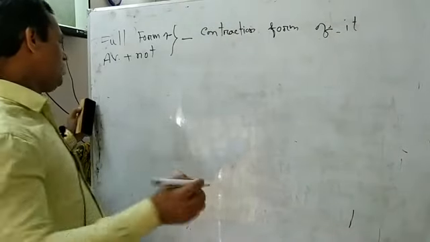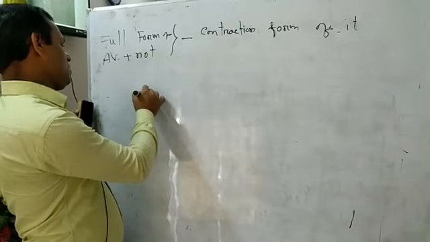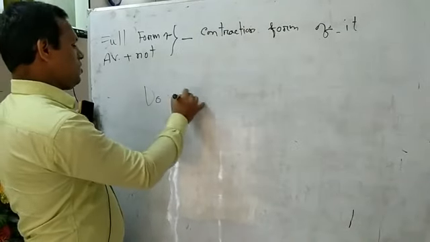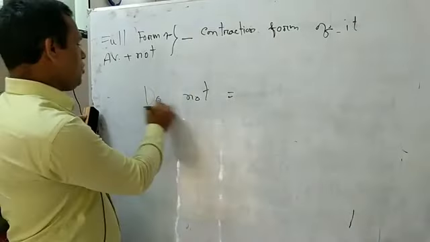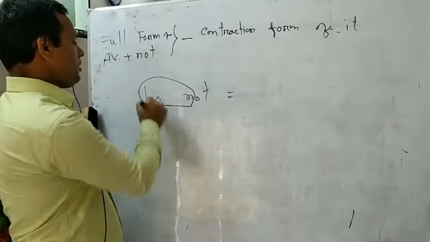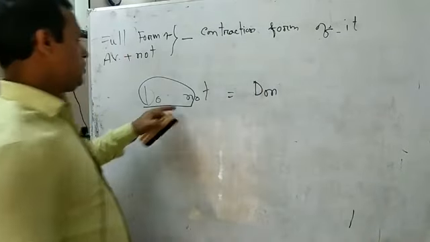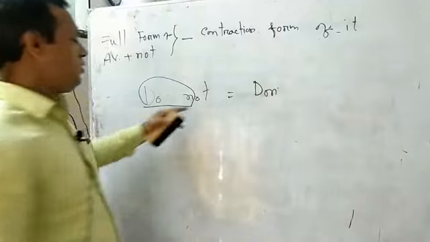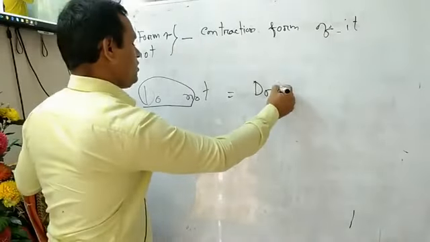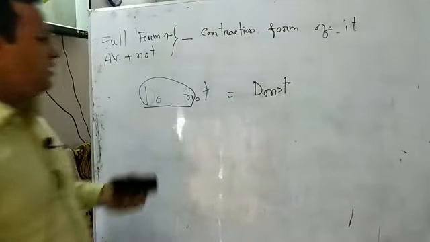Please look at the board. Suppose do not: you will attach do plus n, don't, and instead of o you will put an apostrophe and then write t.